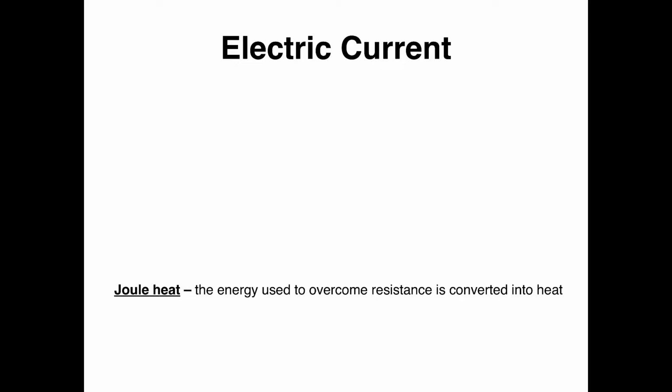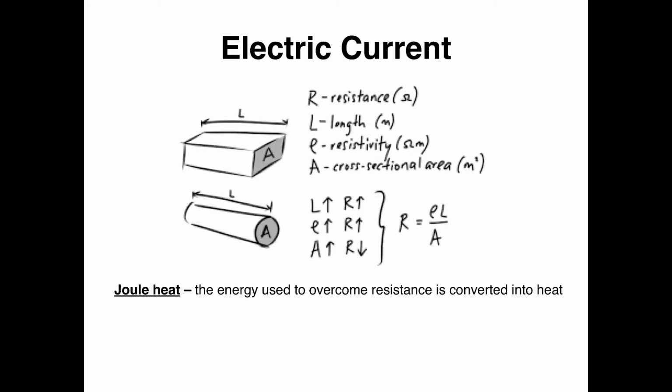in a particular conductor. So here we have a conductor, and we want to look at the properties of that conductor which cause resistance. First of all, the length of the conductor, L: the longer the conductor is, the more resistance that would be encountered.